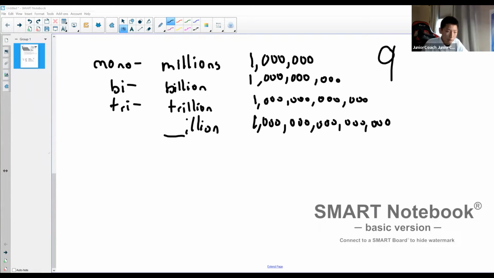What do you guys think this would be called? We have million, billion, trillion. All right, so Alan, that's actually pretty close. So you went with quadro. Now, quadro, yeah, that's actually really close. The answer is quadrillion. Yes, also good job, Alex. Yes, the answer is quadrillion.